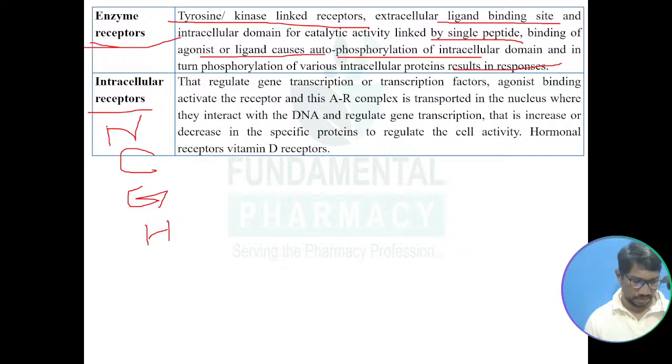Activation of these receptors, or a drug that activates the receptor, regulates gene transcription or transcription factors. The agonist binds and activates the receptor, and this agonist-receptor complex is then transported in the cell into the nucleus, where the complex interacts with the DNA and regulates the gene transcription, that increases or decreases a specific protein to regulate the cell activity.